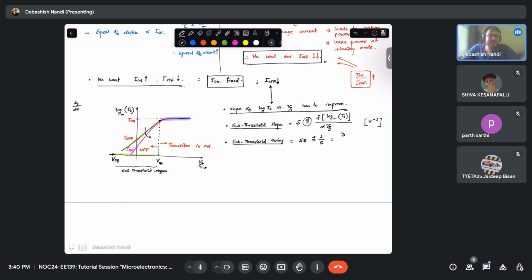When I am writing some equation by definition, I will use this symbol. So 1 over S is dVG over d, and to be consistent, because ID will depend on other parameters also, let me just use d, log 10 of ID.